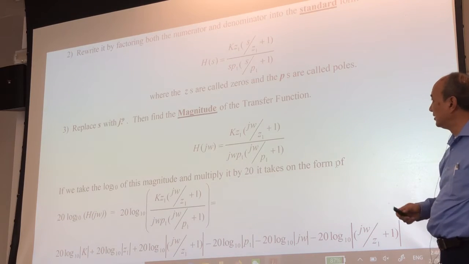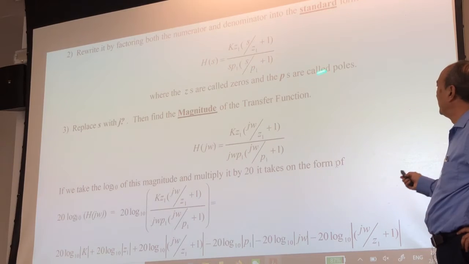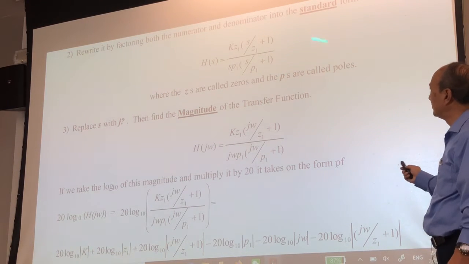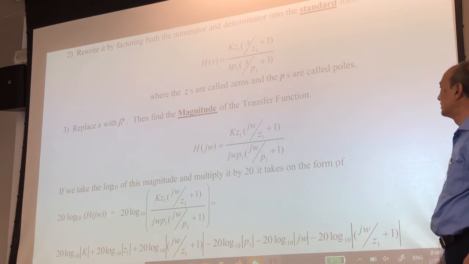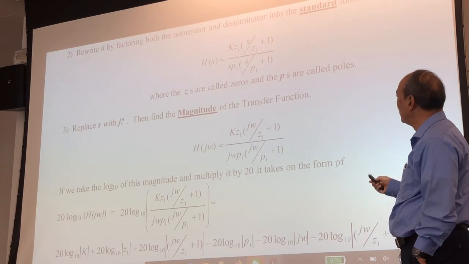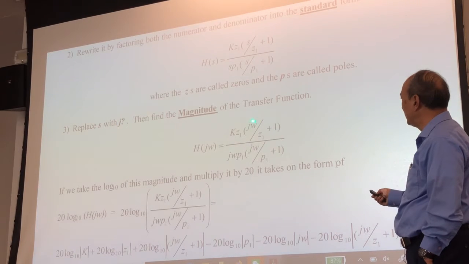You can have more zeros and poles and more terms, but for illustration, one term. So we replace s with j omega, and then we have a complex number.